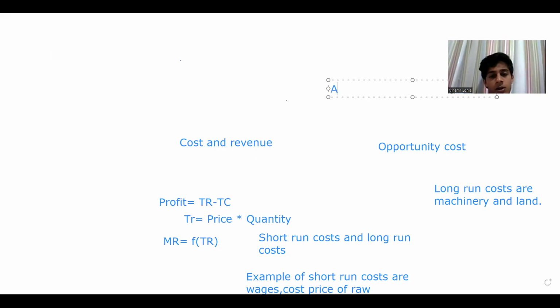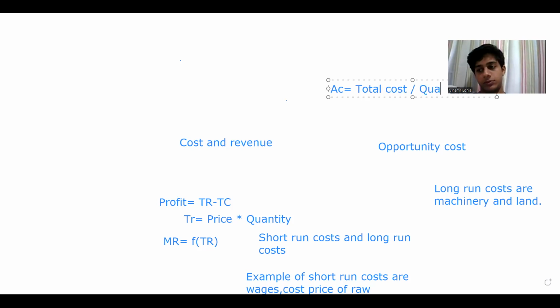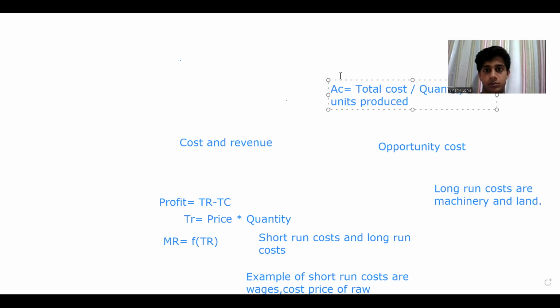So average cost can be called the total cost divided by the quantity of units produced. Which means this is average cost. So AC is equal to TC by Q.